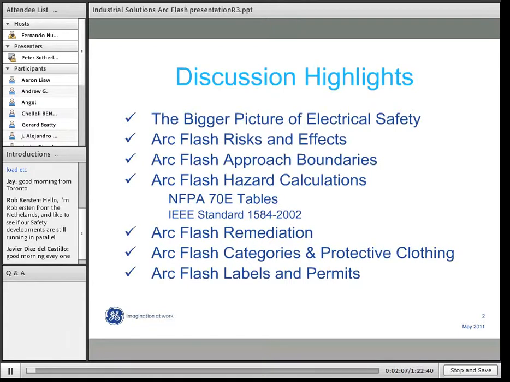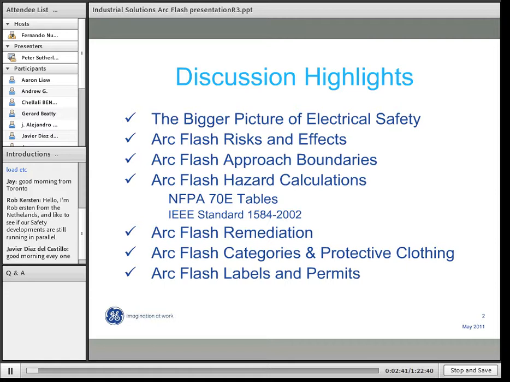There are two main ways of calculating arc flash hazards. The NFPA 70E, that's the National Fire Protection Association, publishes a guide, and NFPA is also the publisher of the National Electrical Code, which is used in the United States.